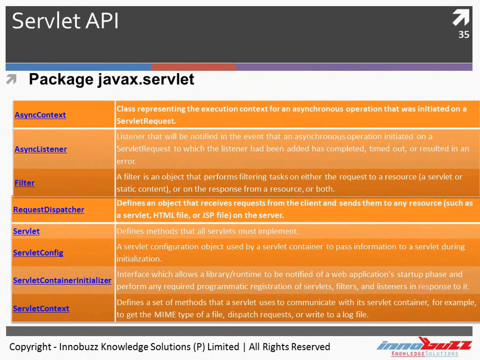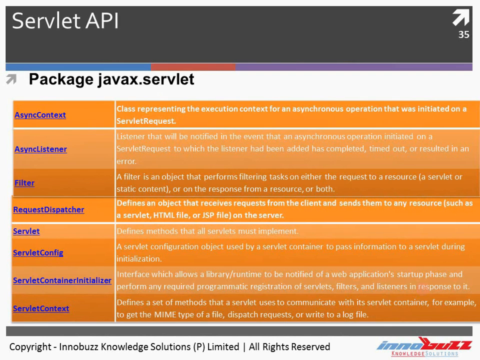As already told, there are two main packages, javax.servlet, and in that we have all these interfaces. All these interfaces and classes provide features, and we will see their usage in our coming practical demonstration. Some of them are here: AsyncContext, which comes in later versions supporting the asynchronous specification we saw earlier.